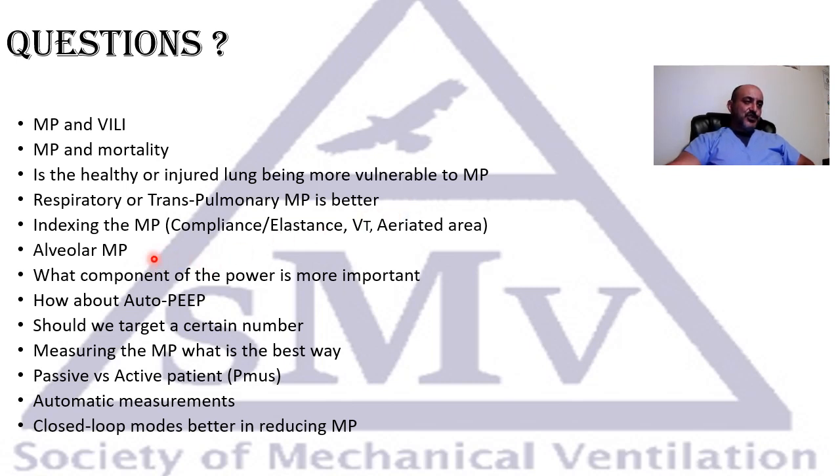Another question which was raised maybe in one or two articles, and we did some research about it, is indexing the mechanical power. For example, if you're ventilating two patients, both with the same mechanical power of 15, but one with okay compliance, say 60 or 70, and somebody else with a compliance of 30, are those the same?